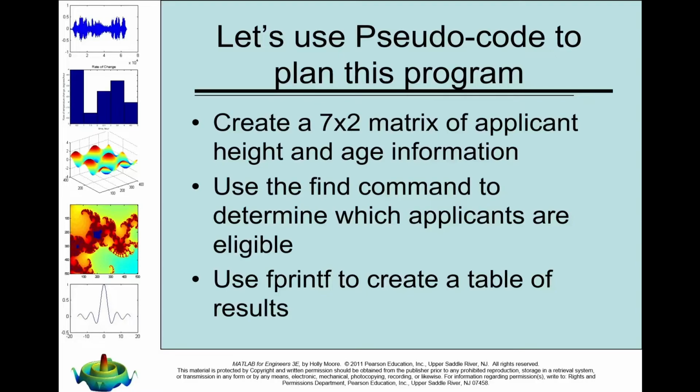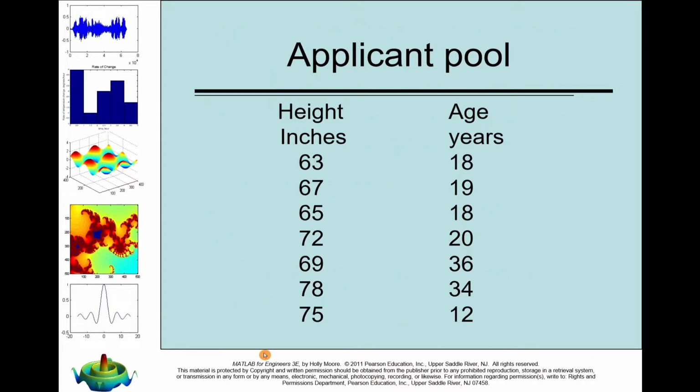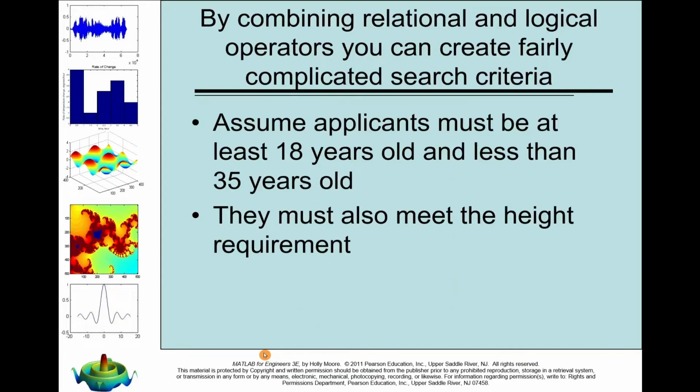Okay, so here is another example where we can combine both relational and logical operators to create a more complicated search criteria. Suppose you have data of applicants' age and height.